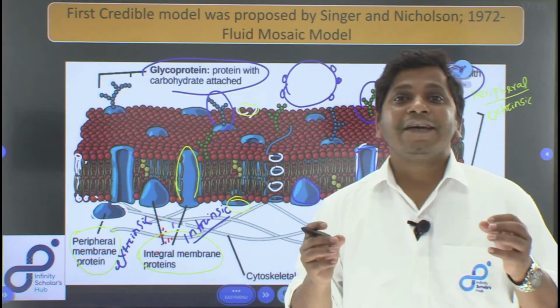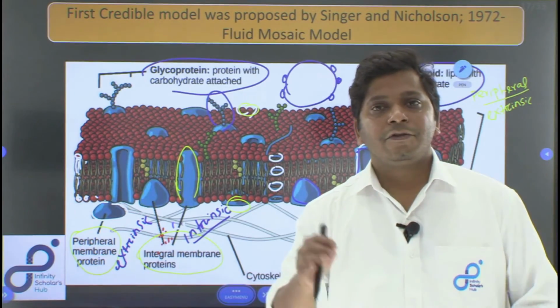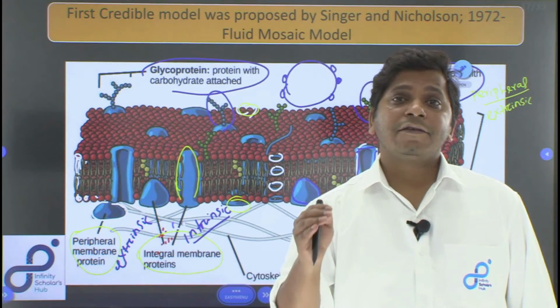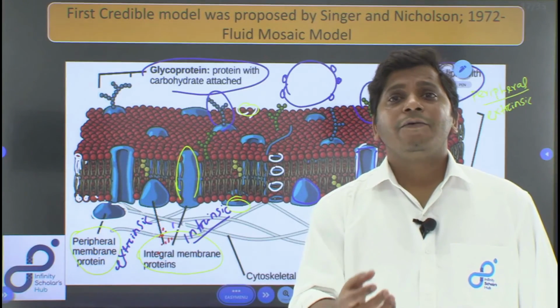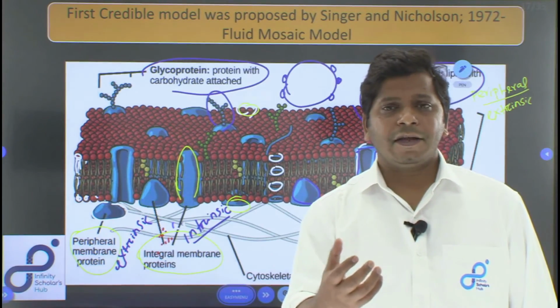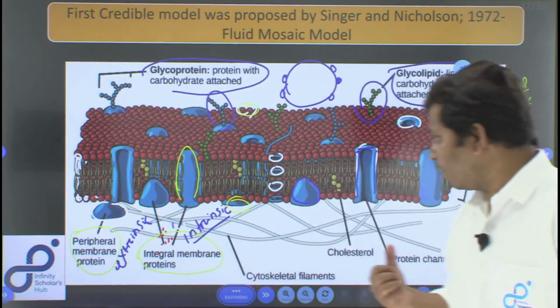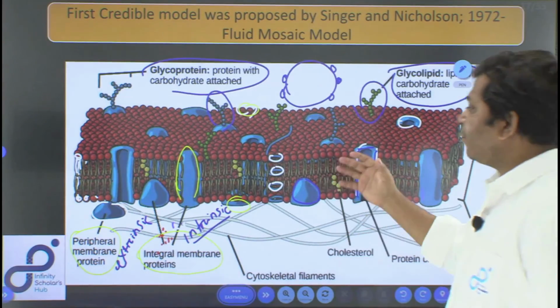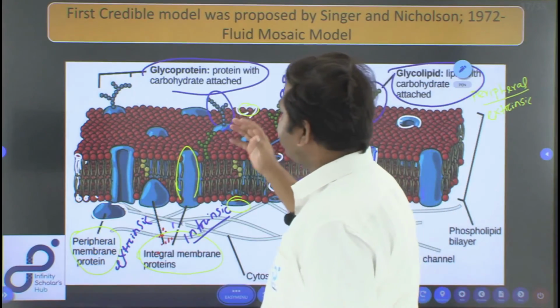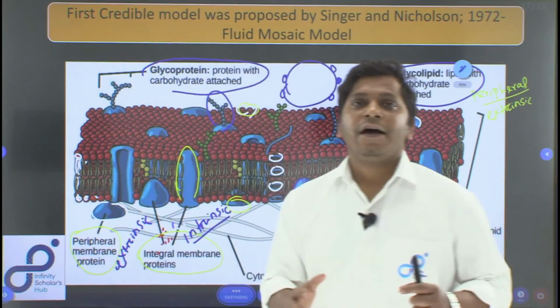So receptors are the entry points, the gateways through which they can come. The interactions will start there. Receptor means the part of the cell which acts as a recipient, and that is why it is called a receptor. So this is how the different components of the plasma membrane are arranged.